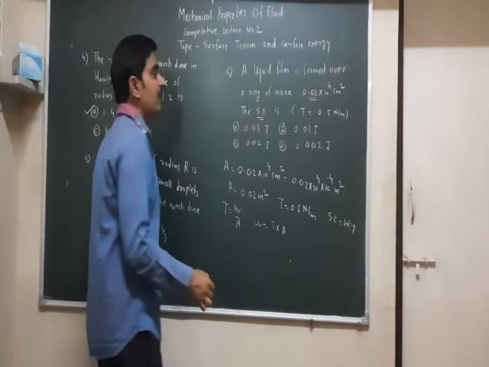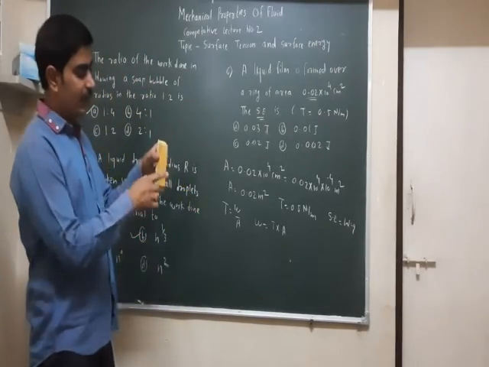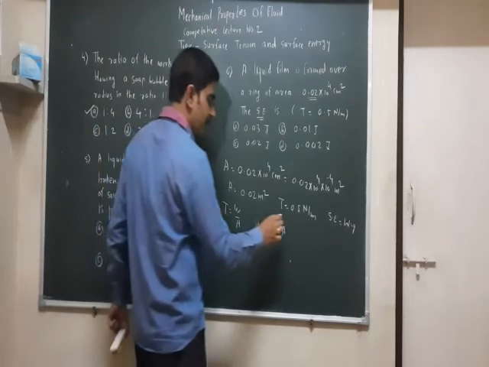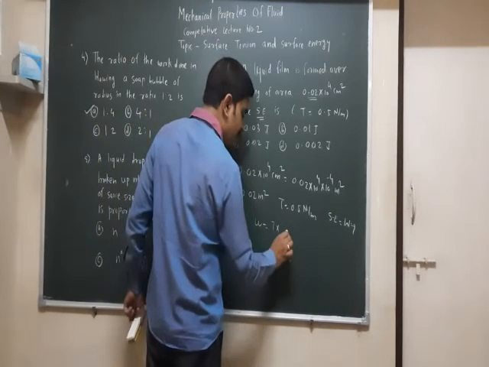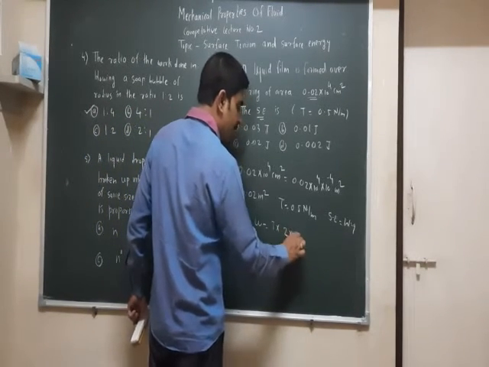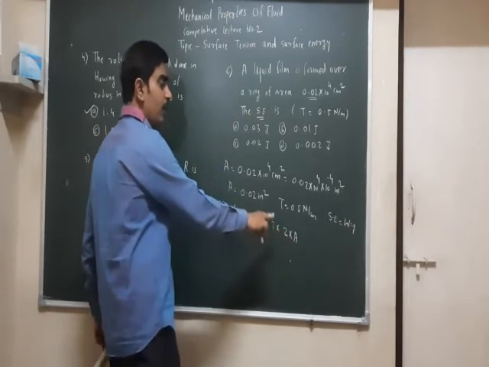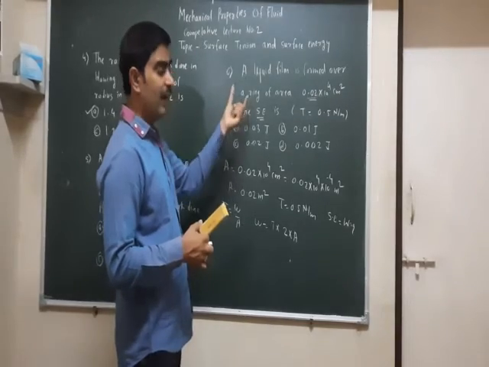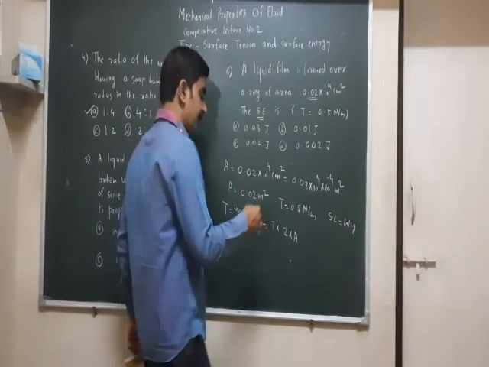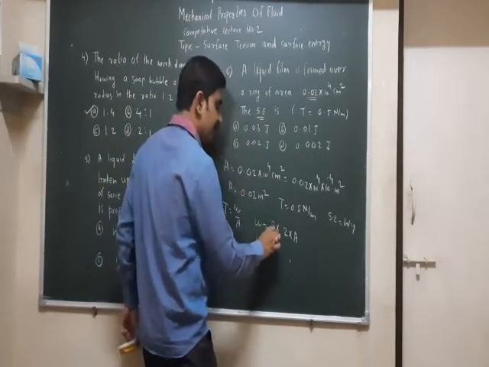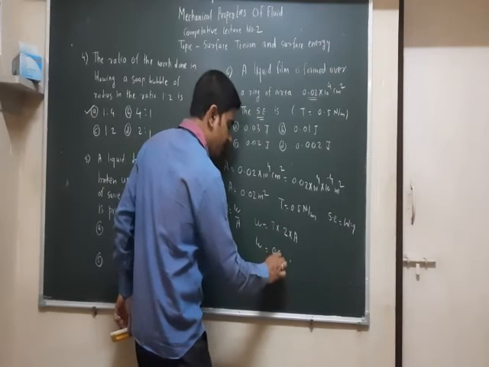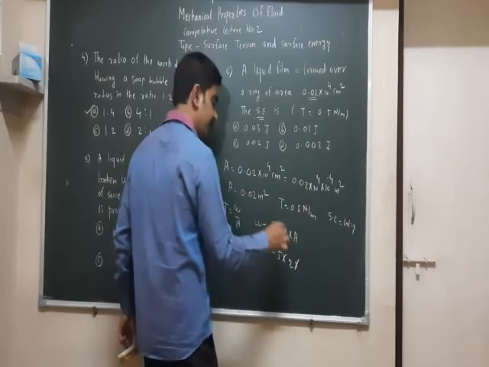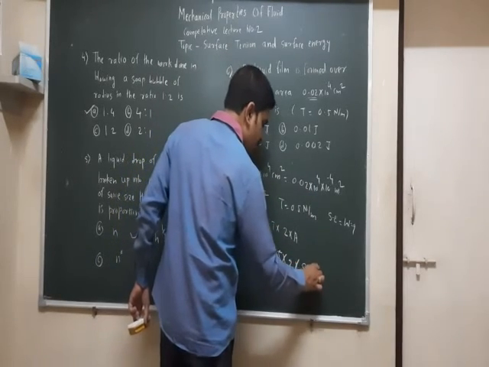Here it is a circular ring, and when we are talking about the circular ring, the two surfaces are in contact with the air. So in the place of A, we have taken 2 into A. Friends, why have we taken the 2? Because the two surfaces of the ring film are in contact with the air. So based on that, substitute the value of T as 0.5 and the area we have already calculated, 0.02.